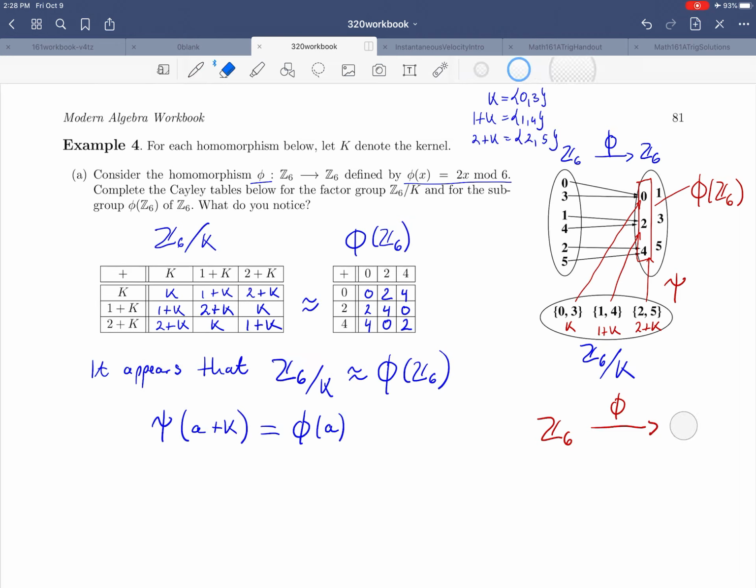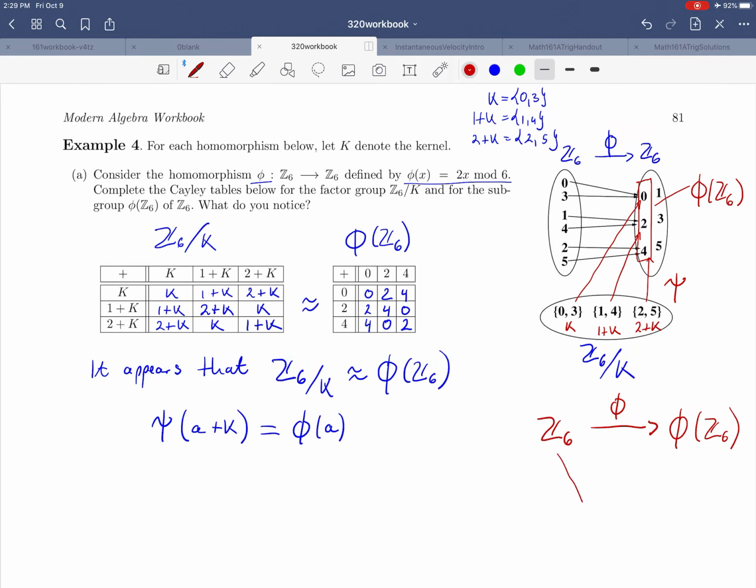Or rather, actually, we don't want all of Z6 really. We are just going to the image because there are 3 elements that we never hit. So let's just ignore those. So we really can simplify by saying Z6 maps via phi to phi of Z6, its image.